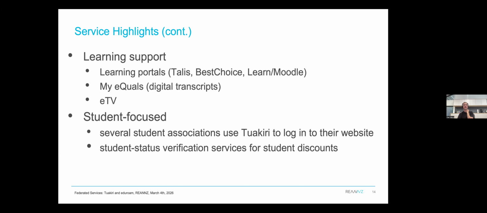There's also a service for digital transcripts of student achievement, and a video service that provides recordings based on subscription. And both staff and students can access. They use different permission models, where staff can also archive videos and students only watch. So it's an interesting use of the attributes returned as part of the login for authorization decisions.